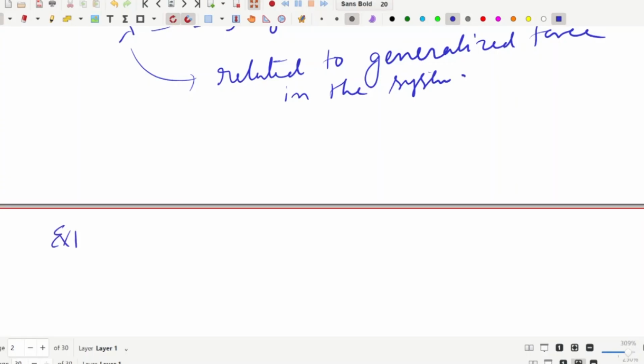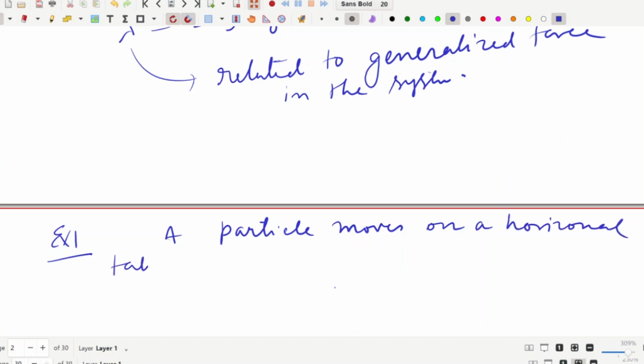Example 1: a particle moves on a horizontal table under the constraint x squared plus y squared equal to a squared.